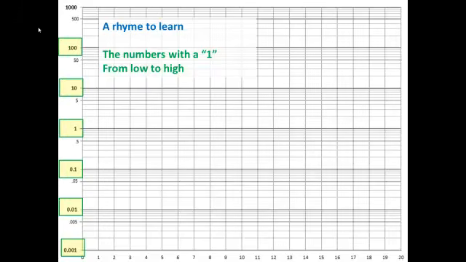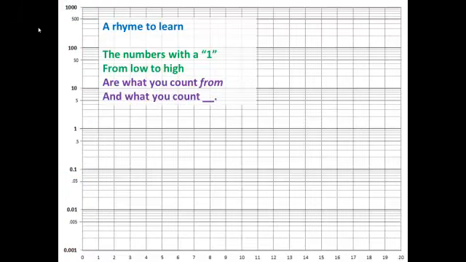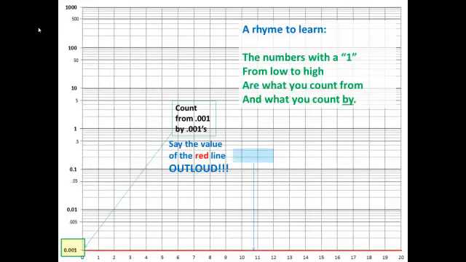They're the only ones with a 1 in them on this axis. So the numbers with a 1 from low to high are what you count from and what you count by. Okay, so if you apply this rhyme, the numbers with a 1 from low to high are what you count from and what you count by.